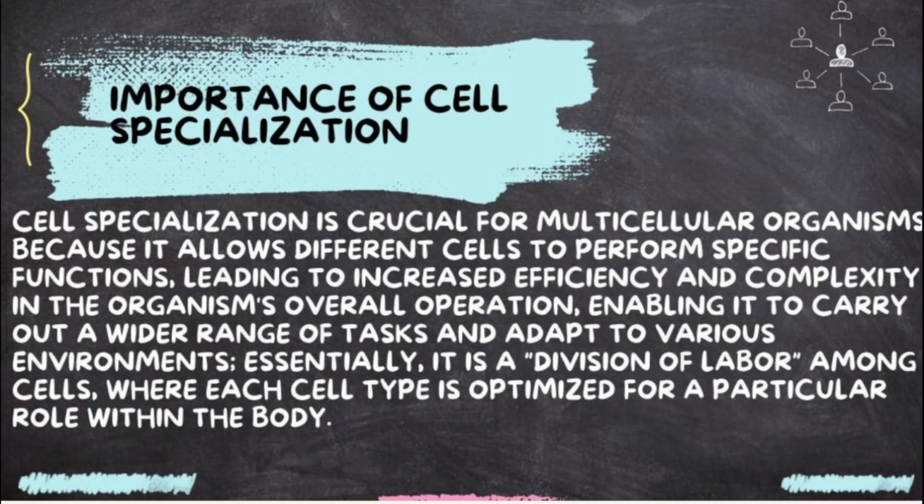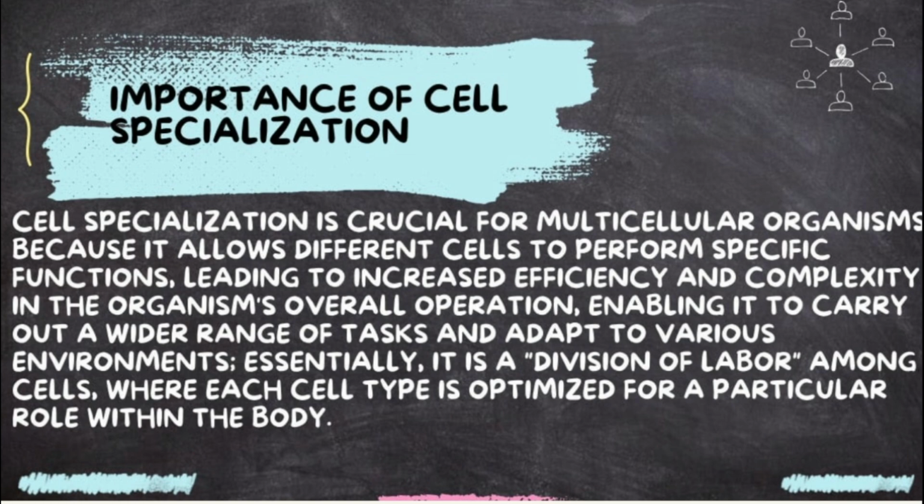So think about it. A neuron or a nerve cell cannot do what the cardiac cell is doing. So you understand why we need cell specialization. Each cell carries out a different function, because each cell cannot do what the other one can do. And this allows for efficiency.